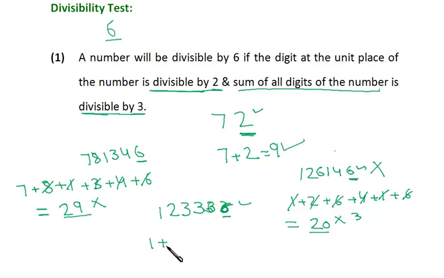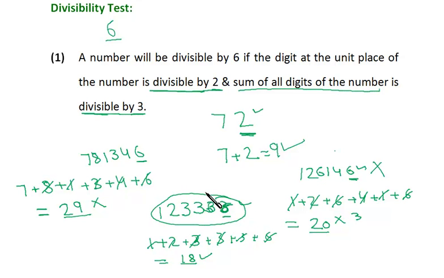Now that's 1 plus 2 plus 3 plus 3 plus 3 plus 6. So that's 3, that's plus 3, that's 6, that's 9, that's plus 3, that's 12, 12 plus 6, it's 18. And 18 is divisible by 3, therefore this number is divisible by 6. Okay, I hope you understood this method. Now we'll take the next method.